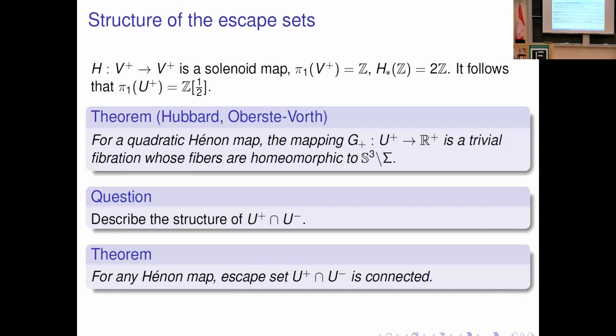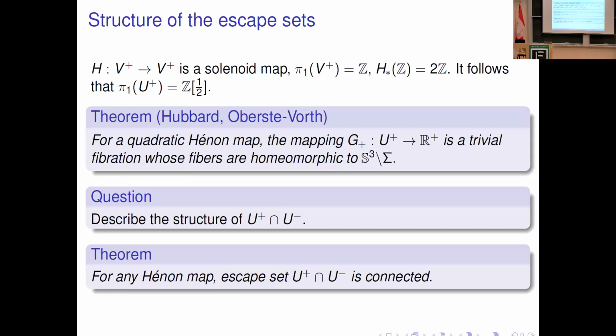Now let's see how the Henon map acts on this V plus. We can take V plus and map it into, we know V plus goes to V plus.